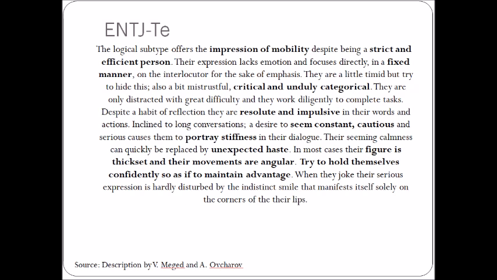Body-wise or figure-wise, just know they have an angular position. Their movements, at least their gestures, can be angular. Their body can be somewhat thick-set, but that's not always the case for sure. But just notice that they tend to be almost muscular in their presentation to the world. And they also hold themselves confidently to maintain their advantage.